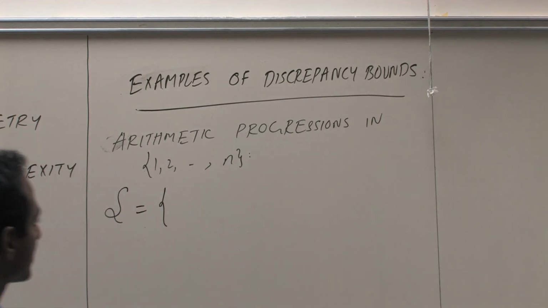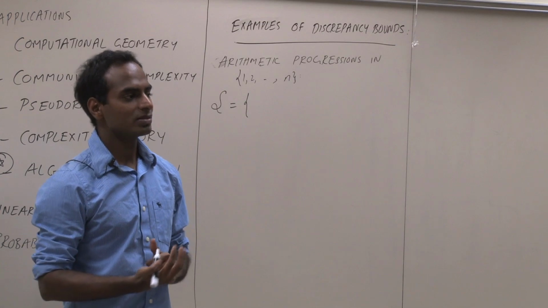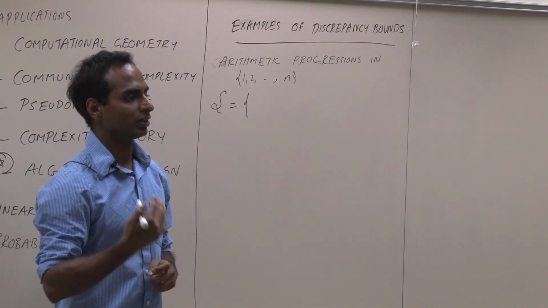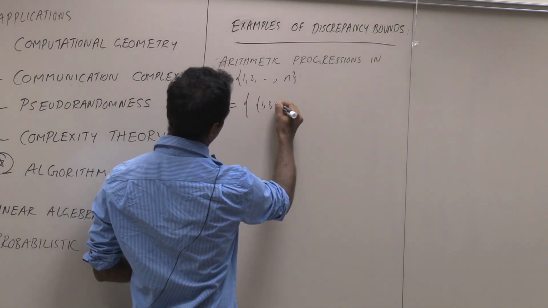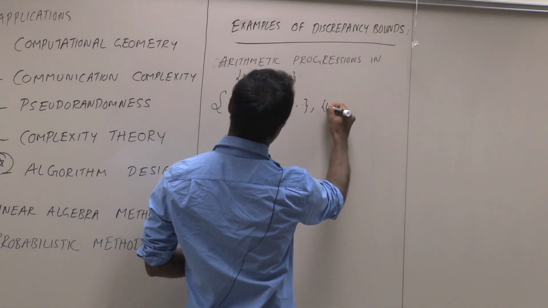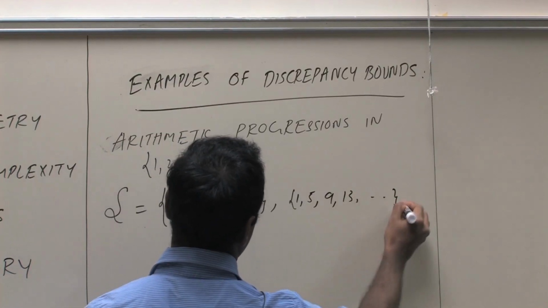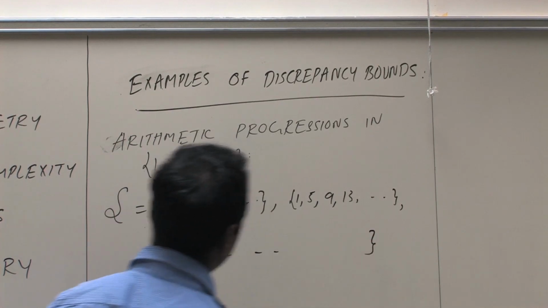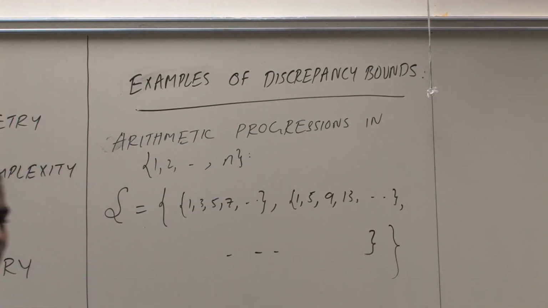Here your universe is of size n, 1 through n, and the set system comprises all possible arithmetic progressions. For example, you'll have something like 1, 3, 5, 7, and so on, and 1, 5, 9, 13, and so on, and so forth. So you have all possible arithmetic progressions here.